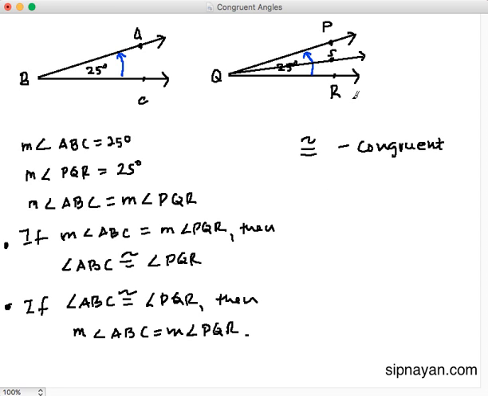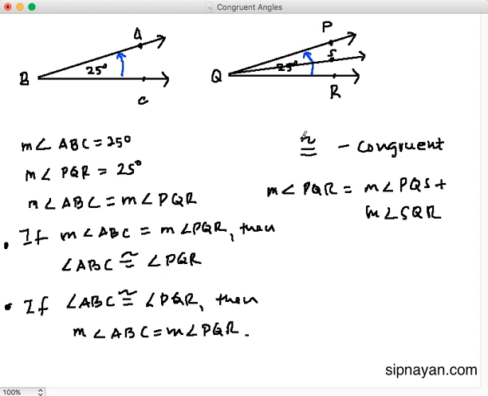Of course, yung measure nung malaki, measure of angle PQR is equal to the measure of this smaller angle at the top, measure of angle PQS, plus the measure of angle SQR.